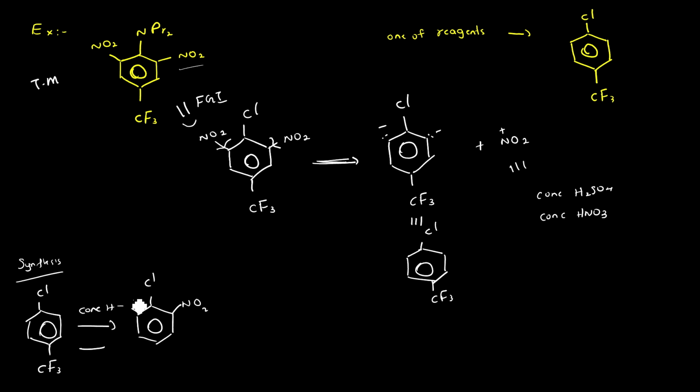Now you need to convert your chlorine group into an NR2, and what you have to do is add HNR2 at high temperature. This is basically a normal organic chemistry reaction, right? You don't have to know the exact mechanism, but you should have an idea of how to convert a chlorine group into NR2. These things you need to remember. And then finally you can have the target molecule.